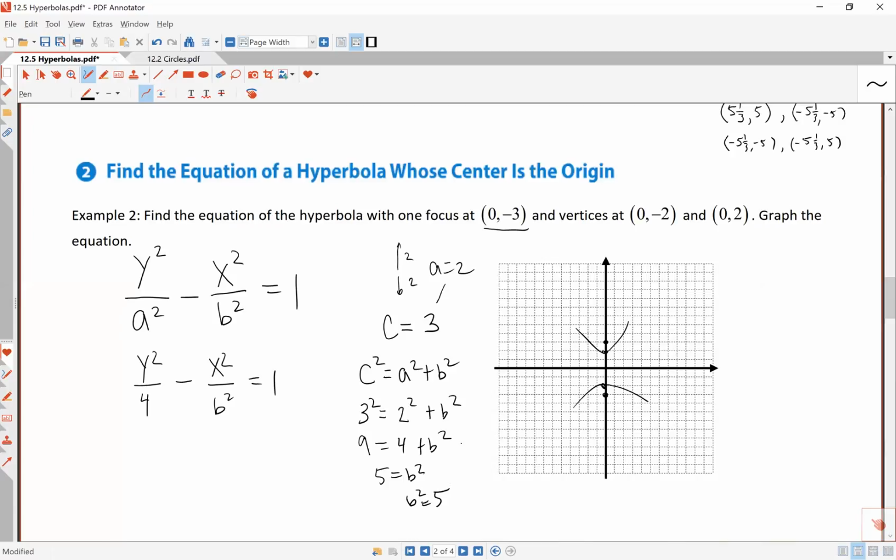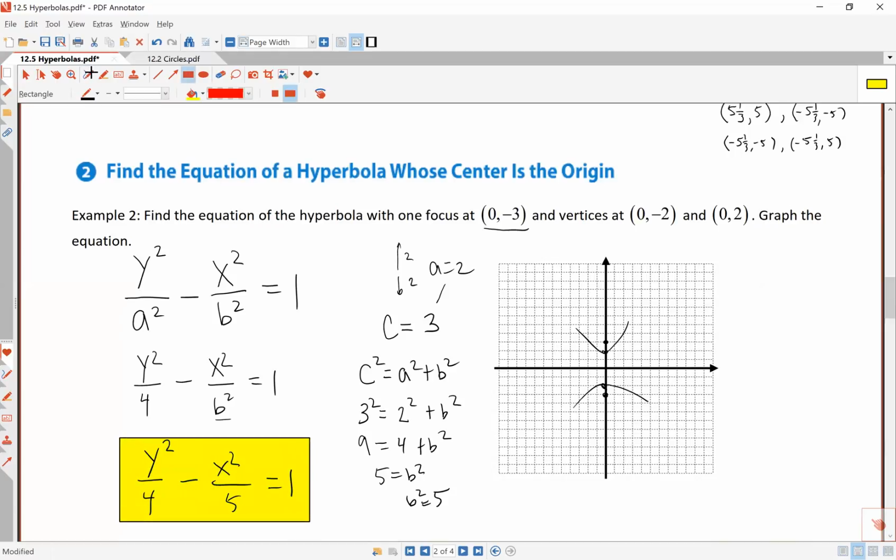B is the square root of 5, but the formula asks for b squared, so we get y squared over 4 minus x squared over 5 equals 1. So that's our equation.